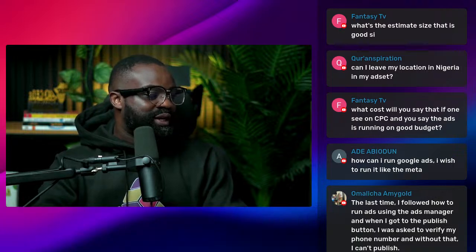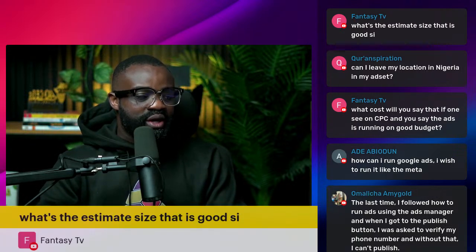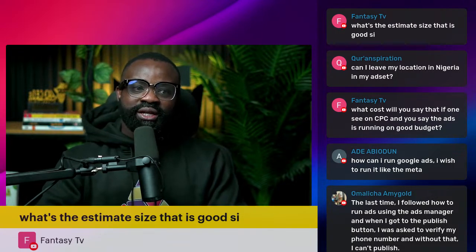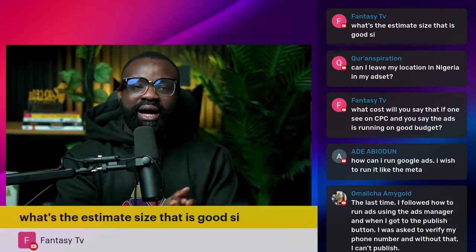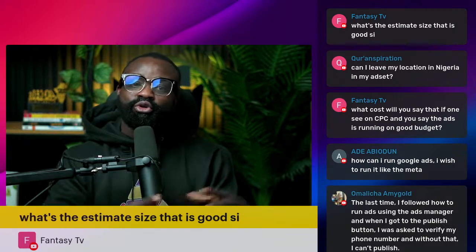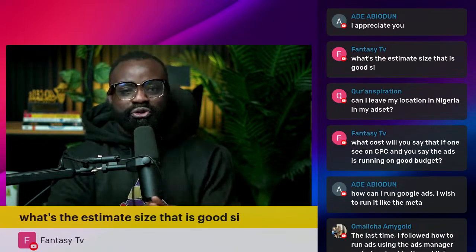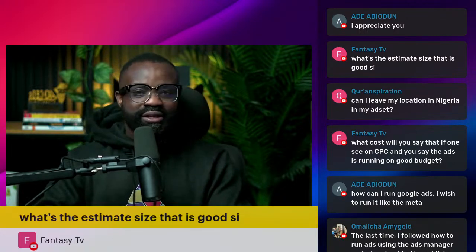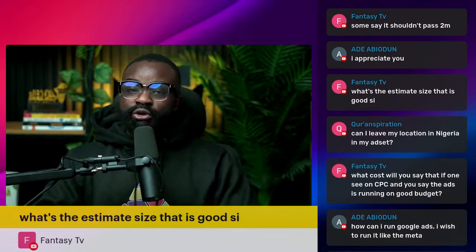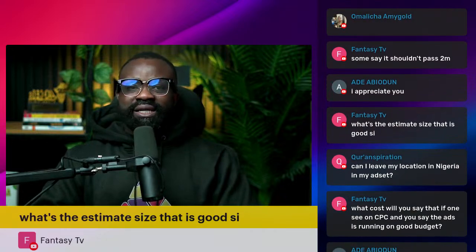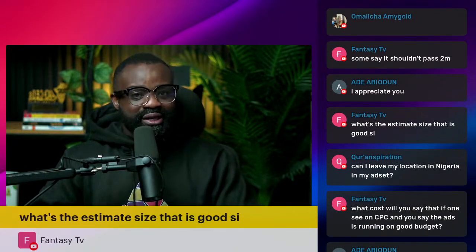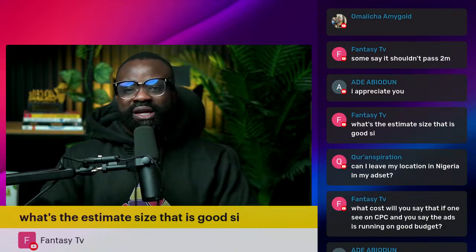Fantasy TV asks, what is the estimated size that is good? Now, the estimated size that is good must be between narrow and fairly broad. You can't go too broad and you can't be too narrow. So there has to be a balance. What I would say would be a good number is anything between 3 million and about 900,000 or lesser, but it should not be lower than 500,000.